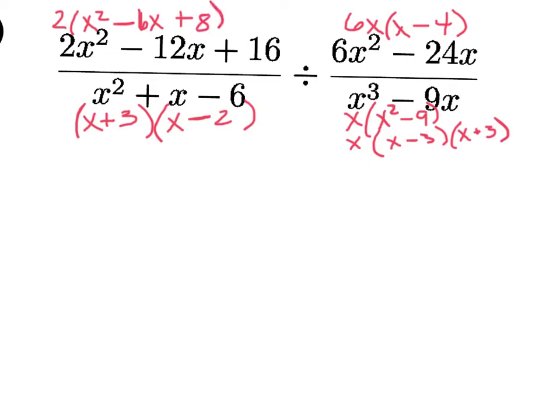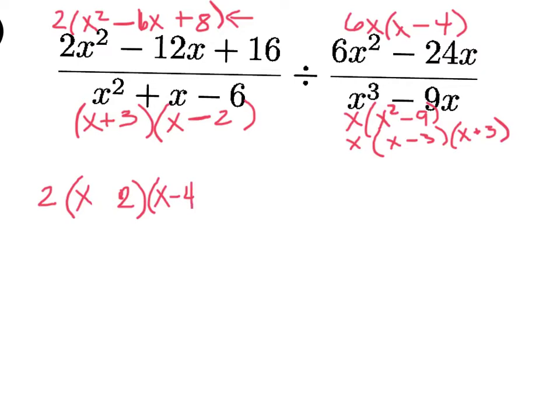And now let's write our fraction, and let's change it to multiplication with the reciprocal. And this piece here I'm going to factor further. So I have 2 times the quantity x plus 2, x minus 4. Oh, that's wrong.